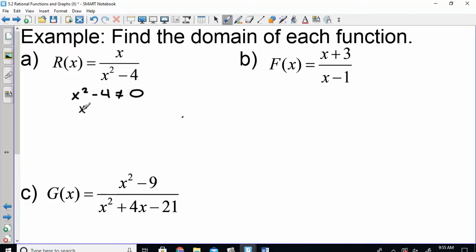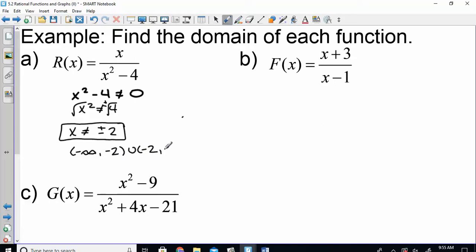So to solve this, we could add over our 4, square root, plus and minus, so x cannot be plus or minus 2. Good. My general rule, I told you, if it's more than one value, you can list it. If it's only one, I do want the interval notation. In interval notation, this would be everything smaller than -2, everything between -2 and 2, and everything bigger than 2.